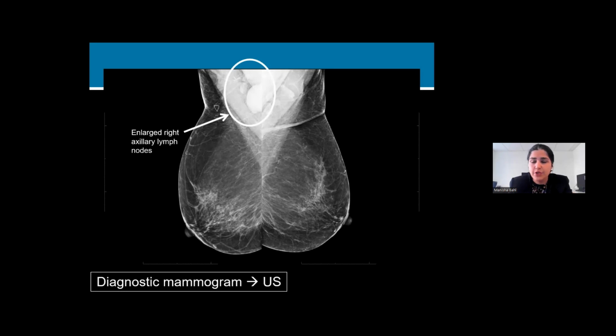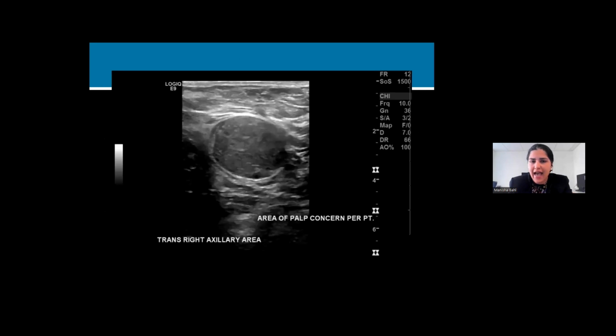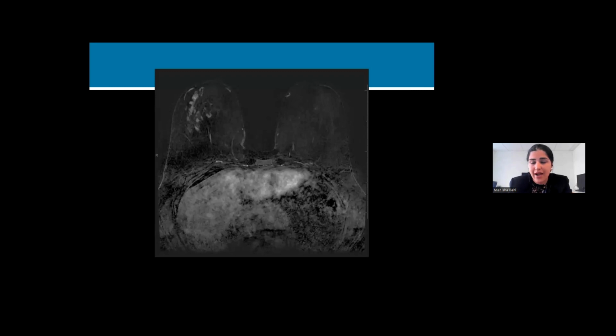We then took her for ultrasound evaluation, which showed very abnormal appearing lymph nodes. Biopsy was recommended, BI-RADS 4, which yielded metastatic cancer, likely breast primary. Since we couldn't see the primary breast cancer well on the mammogram, MRI was appropriately performed.